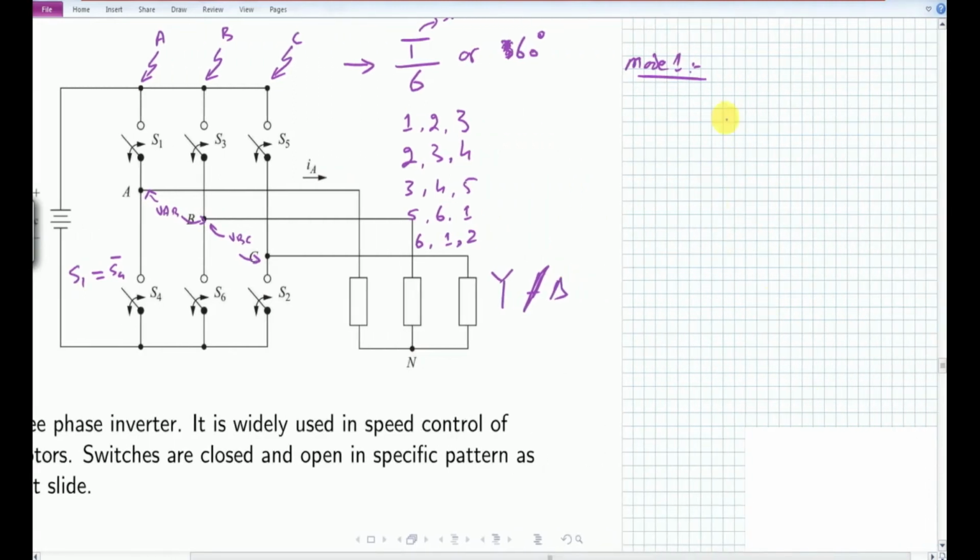we have omega t less than pi by 3, that is equal to 60 degrees. So if I make the system for a Y connected load such as is shown here, then at that particular time this is the VDC. You see here from 0 to pi by 3, what switches are on?